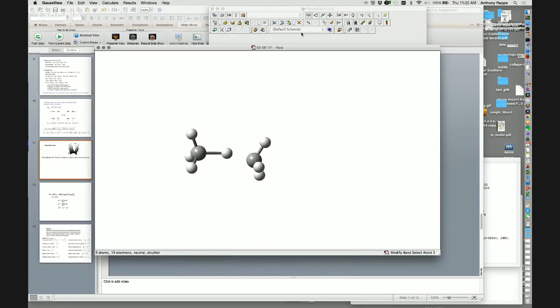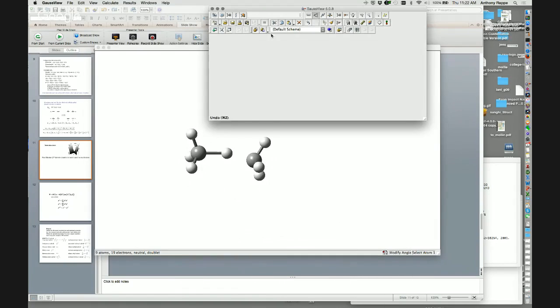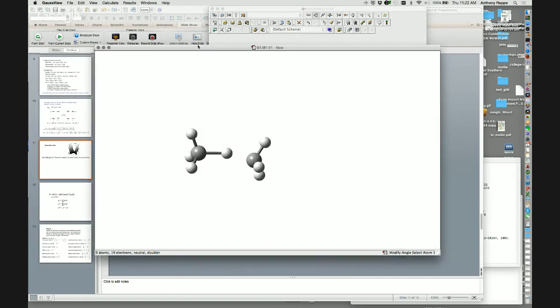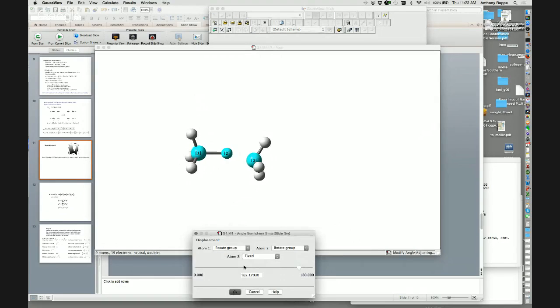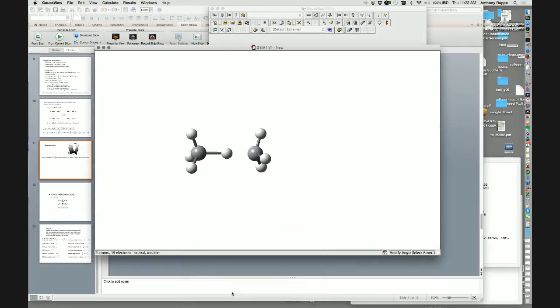Okay, one more thing is adjusted to being collinear approach. Why? Because I know that's what it wants to be.